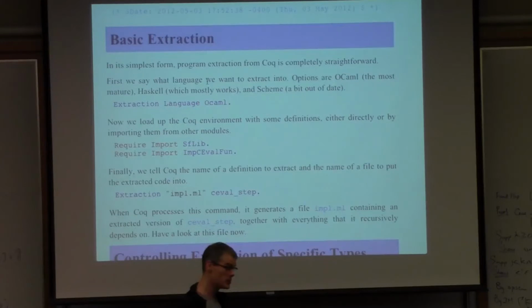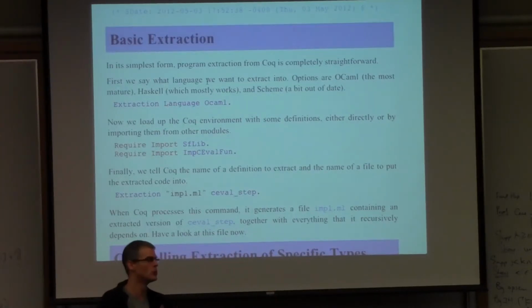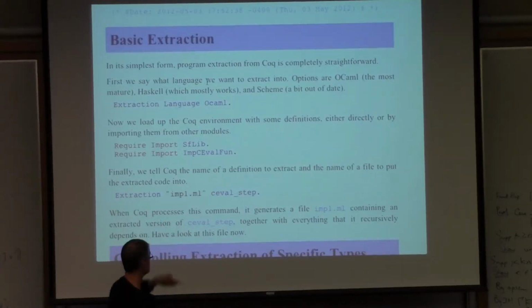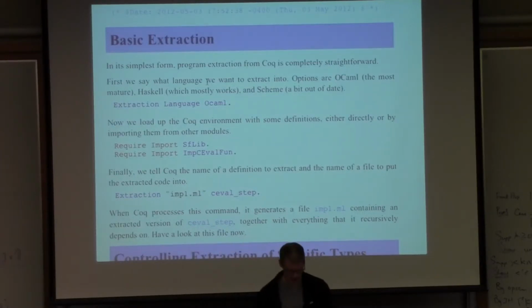The evaluation relation is more natural because if you have an evaluation function, you have to pass it fuel and so on and so on. There is a file called impcevalfun, where, just for the sake of writing it out, we do give the fixed point definition. Let's have a quick look at that.